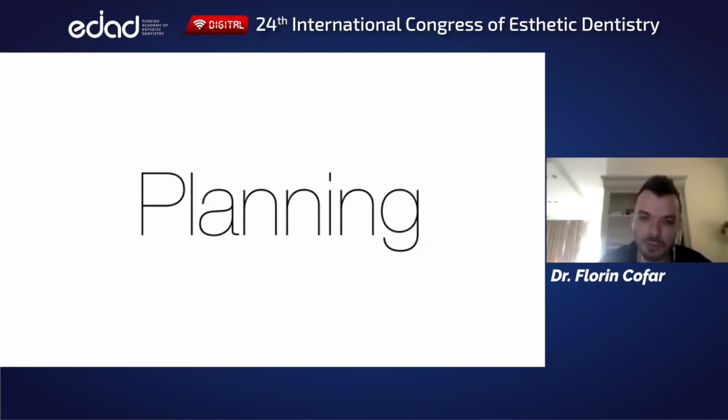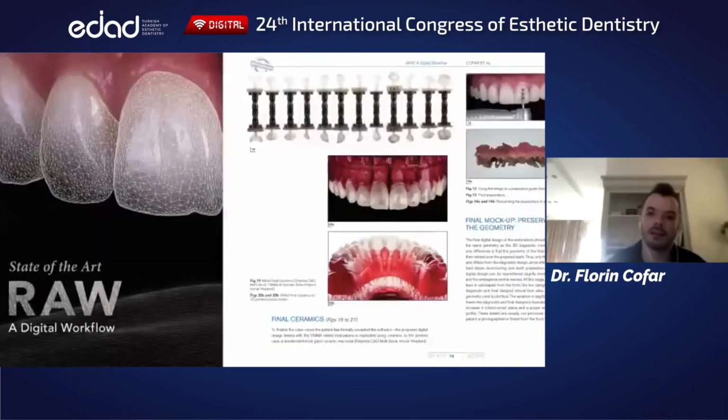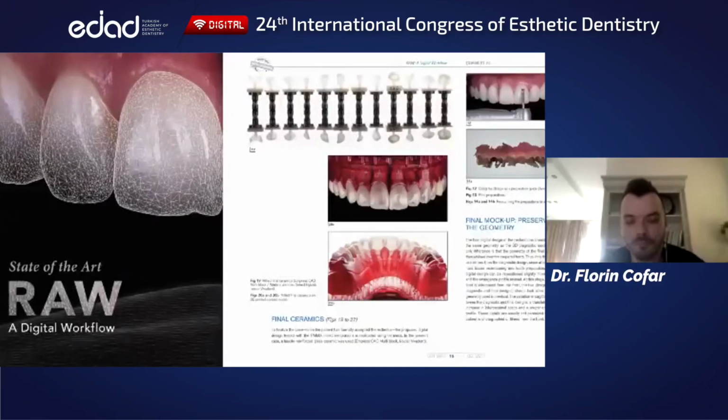Just to give some context, the narrative in which we have been pursuing and using digital dentistry is this idea of copying natural shapes, something that we have been pursuing for years.